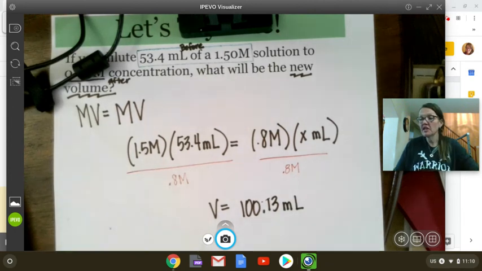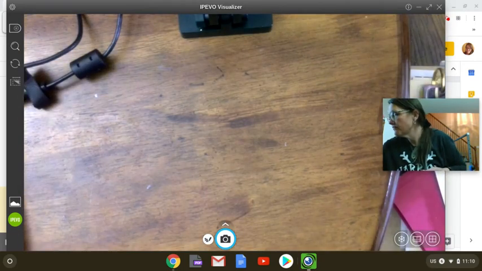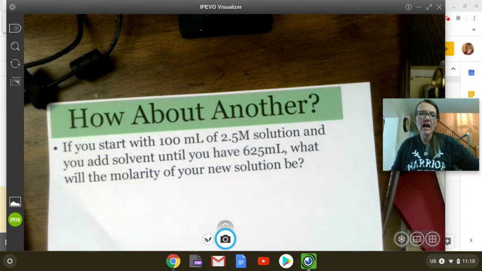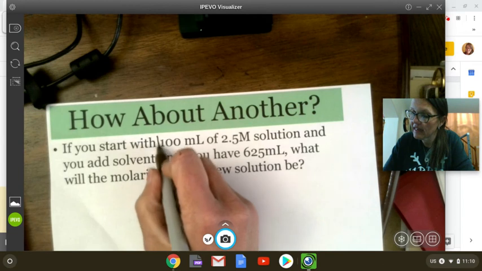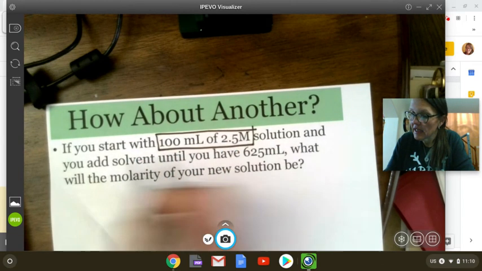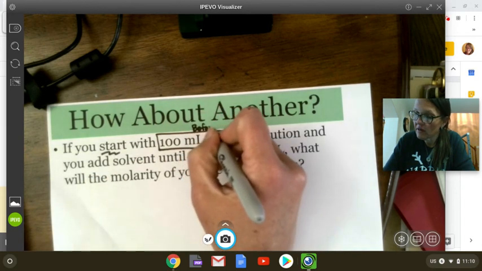Okay, let's check out a second example, example number 2. Okay, so it says if I start with 100 milliliters of a 2.5 molar solution. So again, that information goes together. And this is where I'm starting. So this is my before.